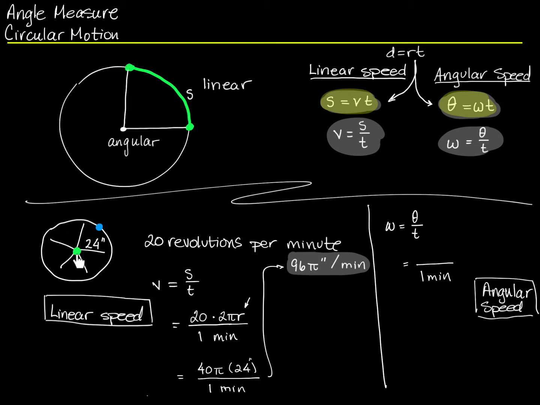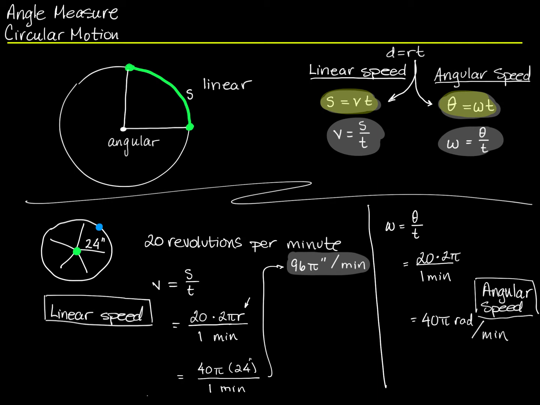So it's going to go through multiples of 2 pi, right? And we're told that in each minute, the wheel goes around 20 times. So we have the green bug turning 20 times 2 pi, one full circle. And that's 40 pi radians per minute.